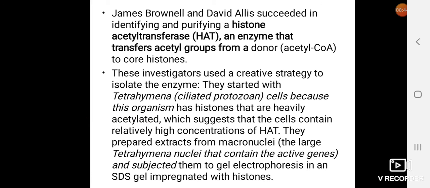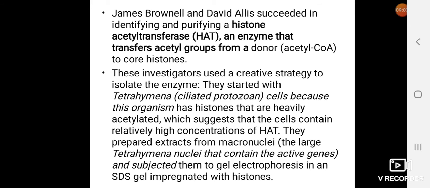So this histone modification starts with the process of histone acetylation. James Brownell and David Allis succeeded in identifying and purifying the histone acetyltransferase enzyme. This is the enzyme which transfers the acetyl group from a donor to the core histones.